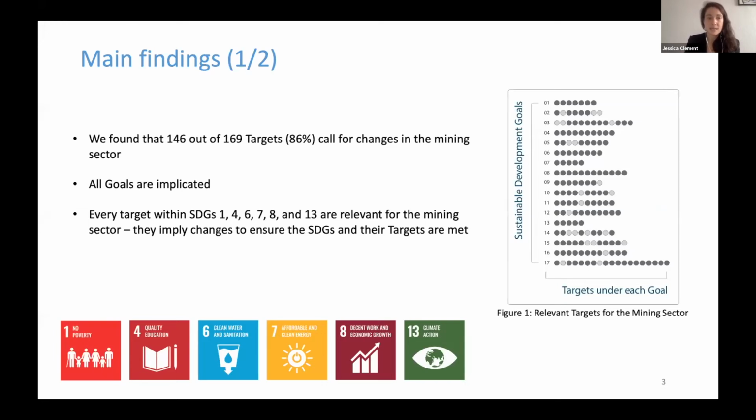All goals were implicated, and every target within SDGs 1, 4, 6, 7, 8, and 13 were found to be relevant for the mining sector. These are displayed at the bottom of the screen. And so this means they imply changes in the mining sector to ensure that the SDGs and their targets are met.